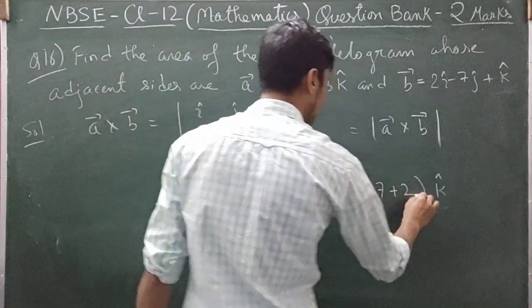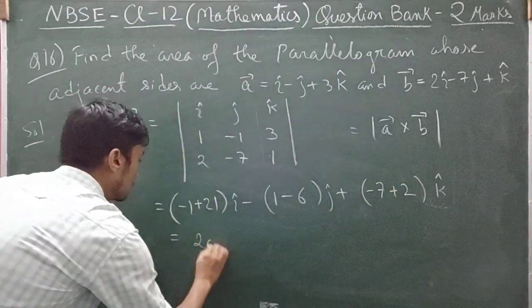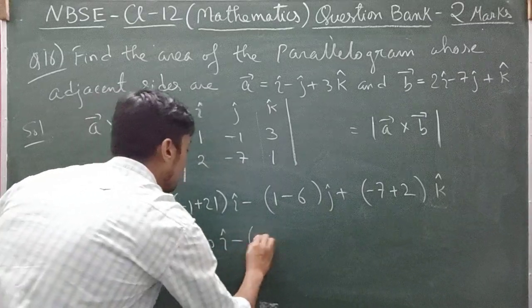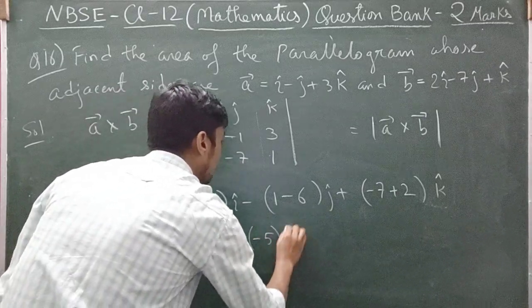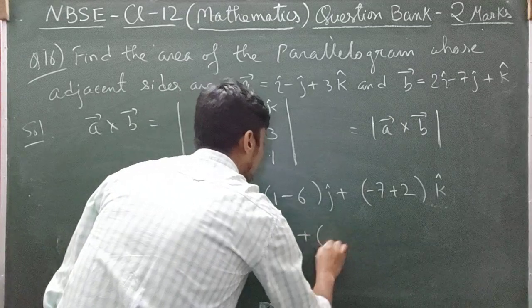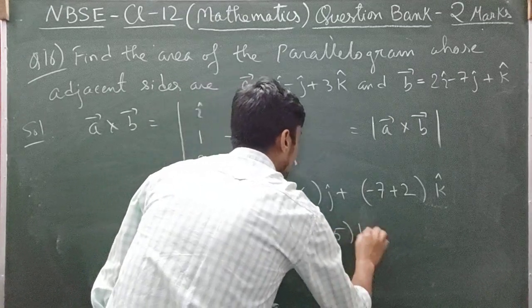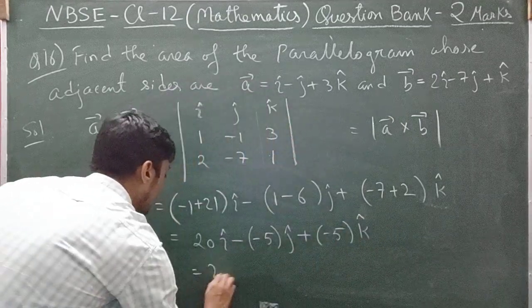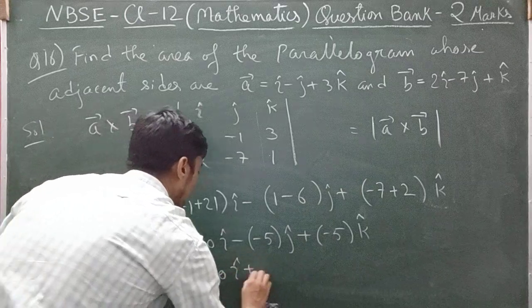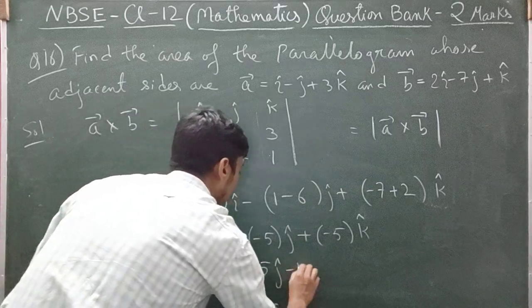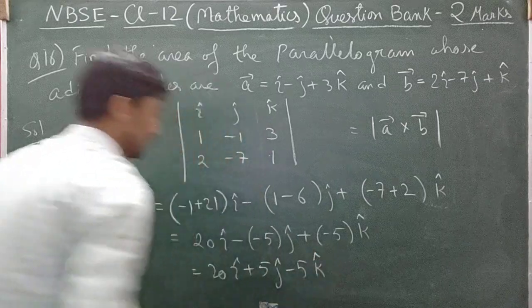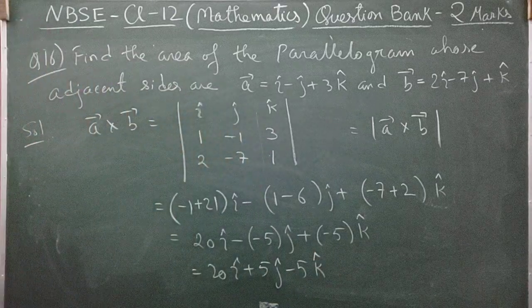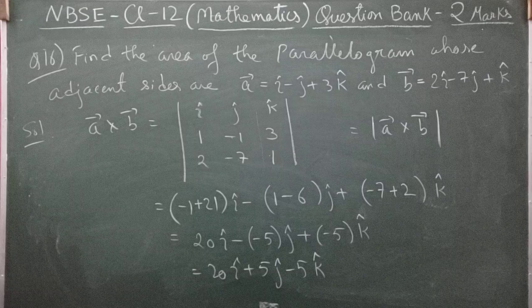Minus 2 minus minus plus 2. So that's going to be 20i plus 5j minus 5k. So this is my vector A cross B.